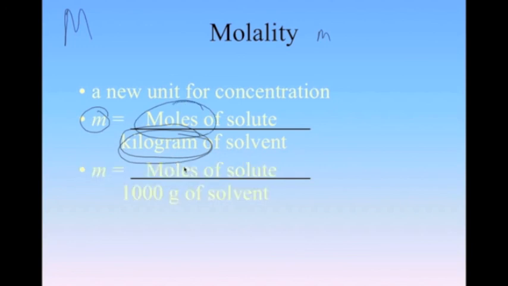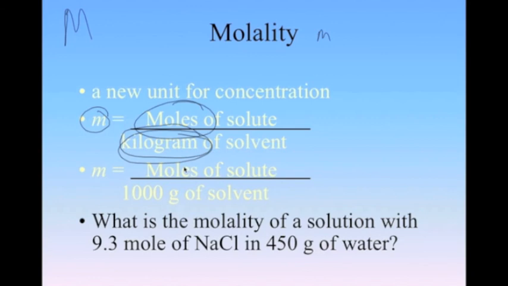We've got to make sure that our units are correct. So we look at our problem. It says, what is the molality of a solution with 9.3 moles of NaCl in 450 grams of water? Here are our moles. Here's our mass. Remember that our mass has to be in kilograms, so grams to kilograms, we divide by 1,000. Move that decimal place 3 times.